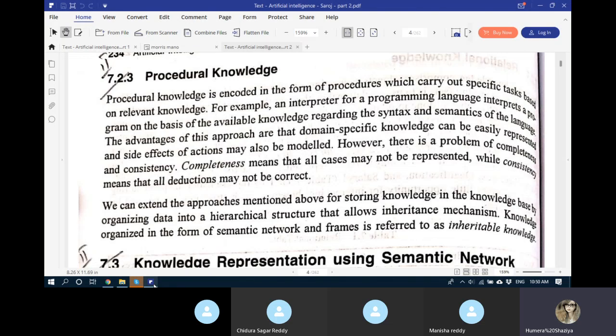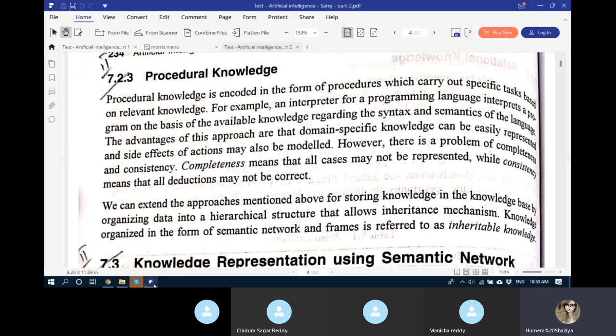So in a hierarchical structure, you can also have an inheritance mechanism, because you can say that a successor inherits the properties of its predecessor.